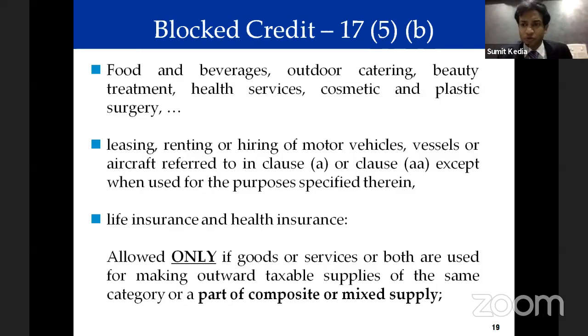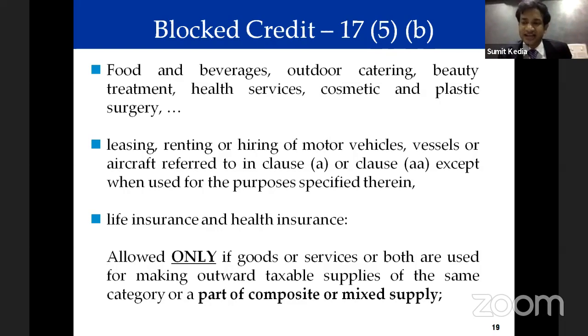If you see, the further portion says leasing, renting or hiring of motor vehicles, vessel or aircraft as referred in clause A and AA. So leasing, renting and hiring of motor vehicles, credit is not allowed. I repeat, leasing, renting or hiring of motor vehicles, input tax credit is not allowed if it is up to 13 seats, because they said as referred to in clause A and AA.